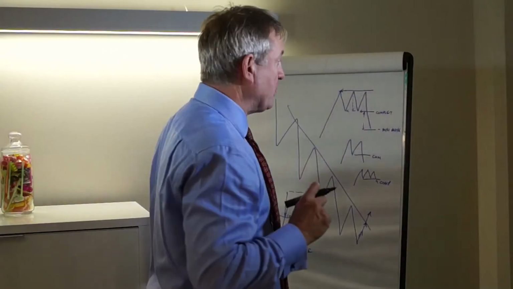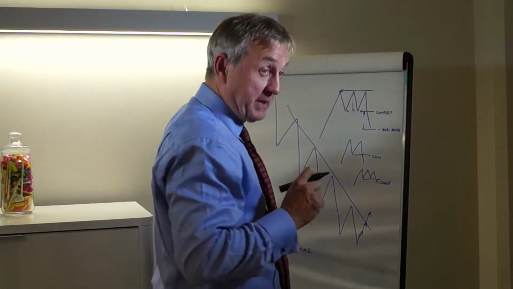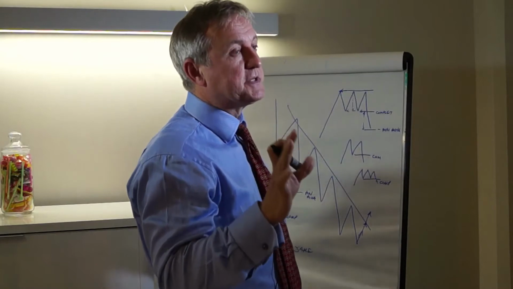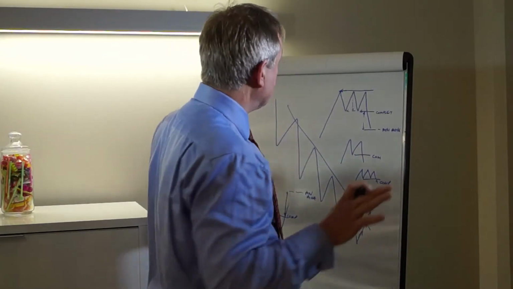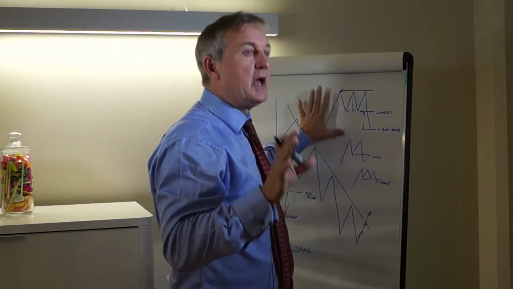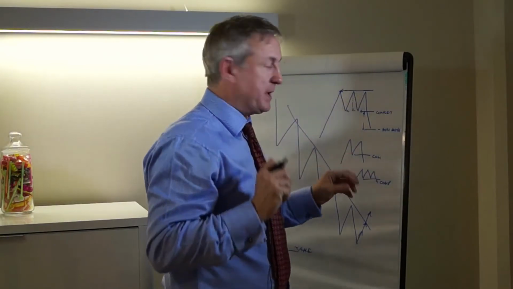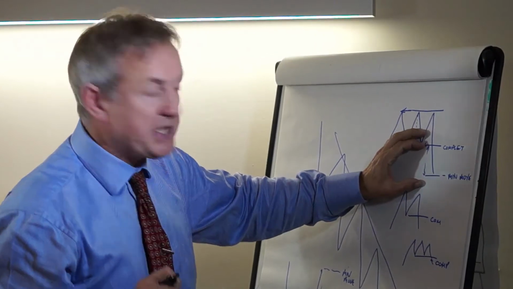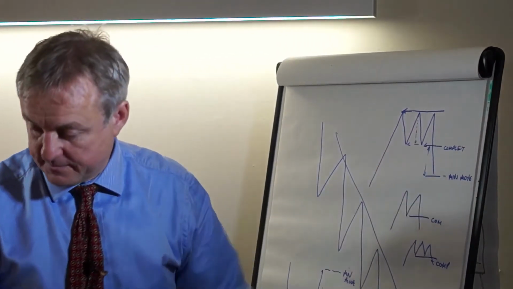Minimum move is the minimum we are expecting, other things being equal, which of course they rarely are. We'll come again to the reality of trading these things in a practical way in a second. But these are theoretical constructs, and they are the building blocks for decision making. So the minimum expected move is that distance projected beneath the level of completion.